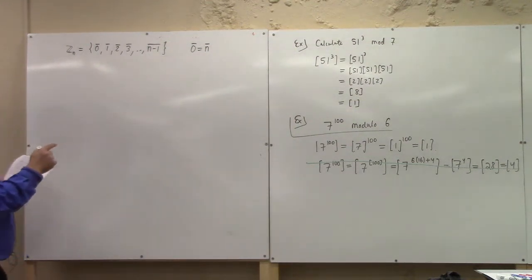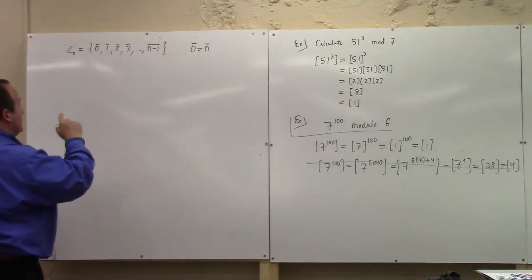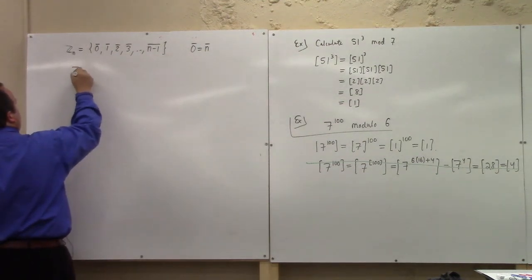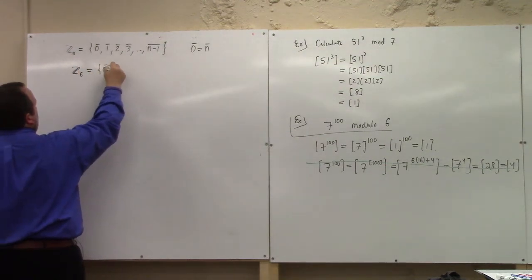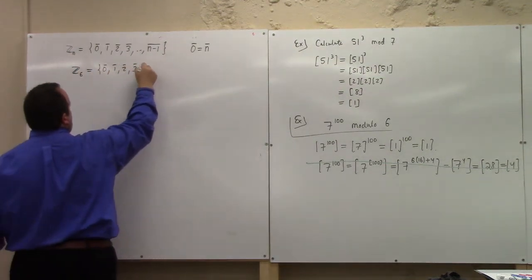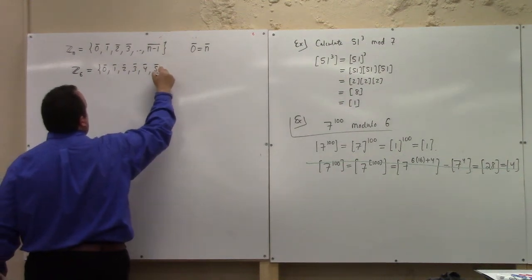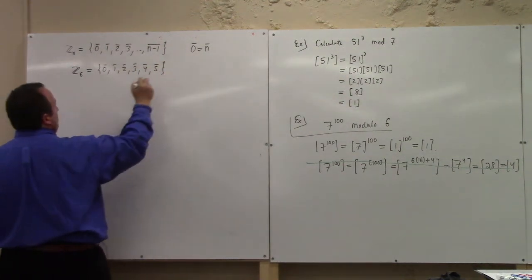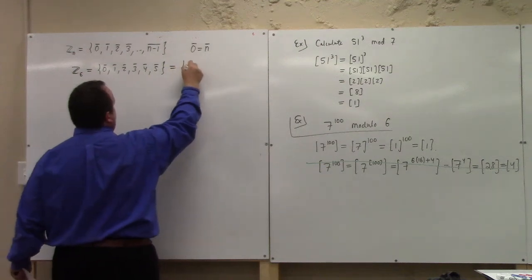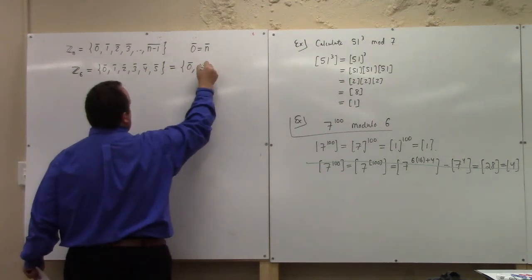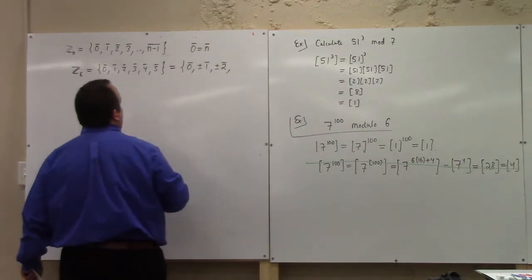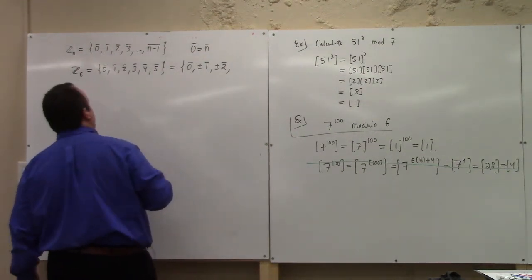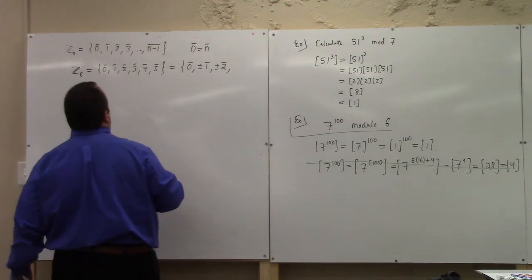Now, that said, this may not be the best way to look at it, right? So, for example, for Z6, you could write it as 0, or you could also write it... Let's see here. I'm trying to remember.